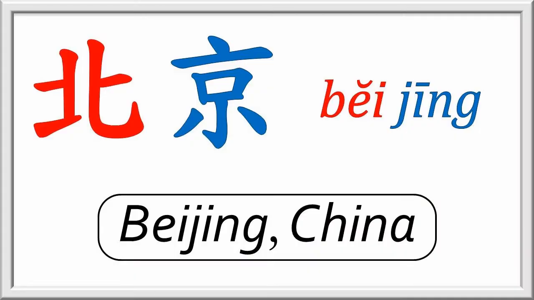Here are 2 current or former Chinese capitals and 1 Japanese. Beijing, the capital of China, literally the northern capital. By the way, many people mistakenly pronounce it Beijing, as if it were a French J sound. That's obviously incorrect.